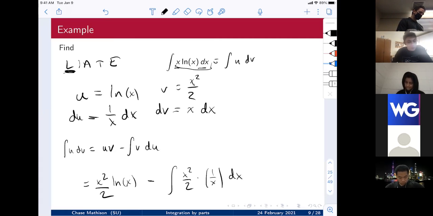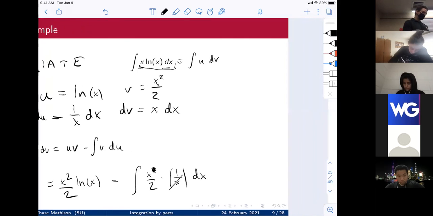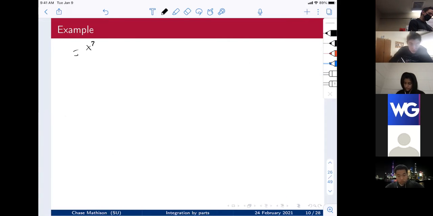Okay, so that 1 over x cancels with one of the x's in x squared. And this becomes x squared over 2 natural log of x minus the integral of x over 2 dx.